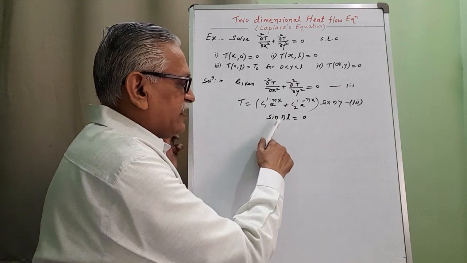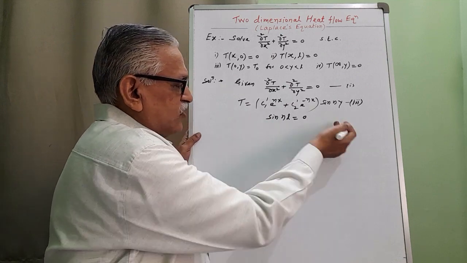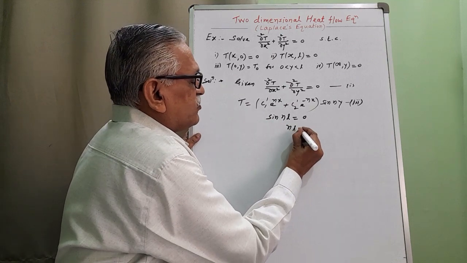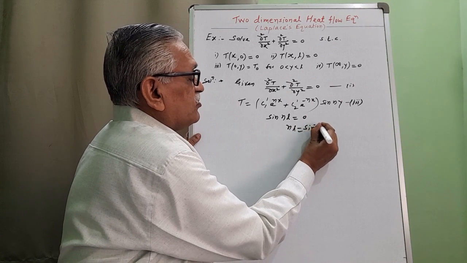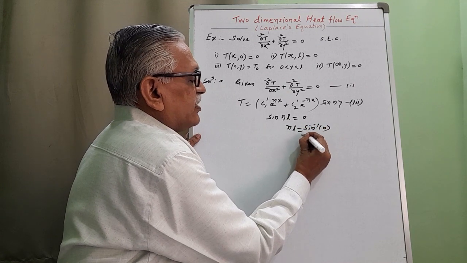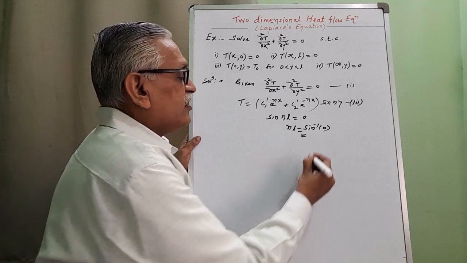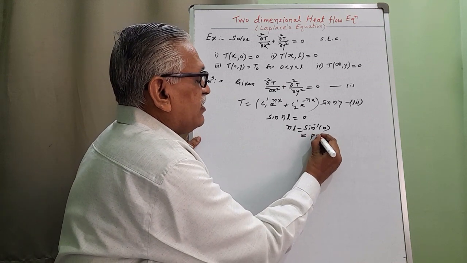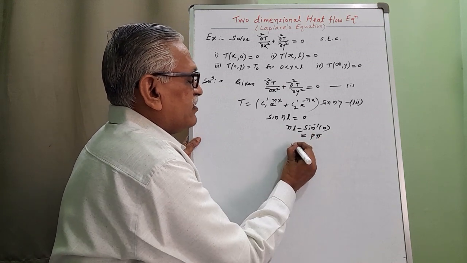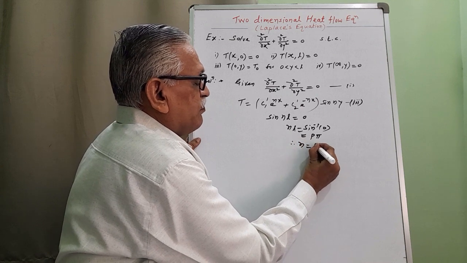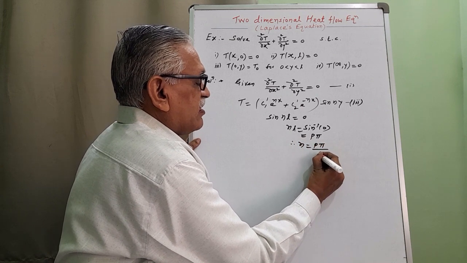We have the last step, sin(nL) = 0. Transferring to the other side, we get nL = sin⁻¹(0), and we know the standard value of sin⁻¹(0) is pπ, and therefore we get n = pπ/L.